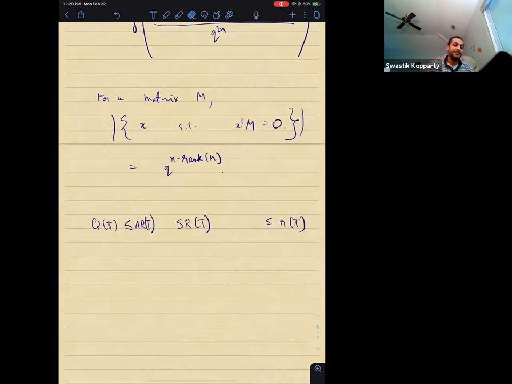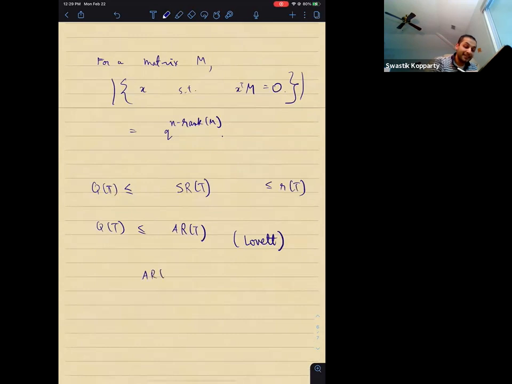This is subrank, this is analytic rank. The subrank is also at most the analytic rank. This is a theorem of Lovett.